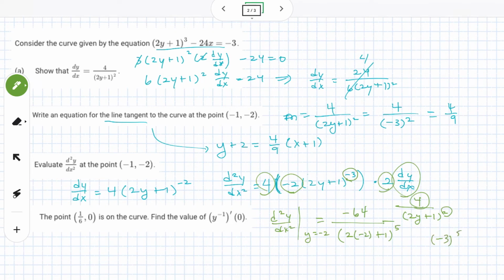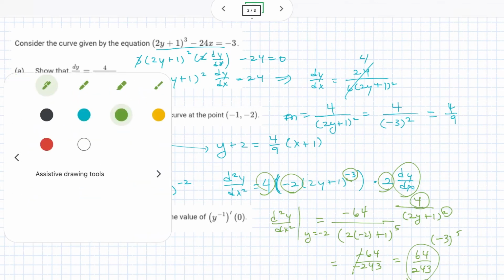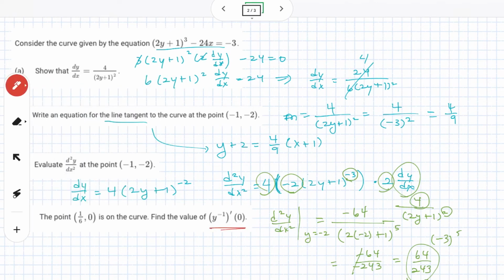And then negative 4 plus 1 is negative 3. So negative 3 to the power of 5: 3, 9, 27, 81, 243. So that's negative 243 on the bottom, negative 64 on the top. And so there is my answer. And I don't think that simplifies from what I can tell.